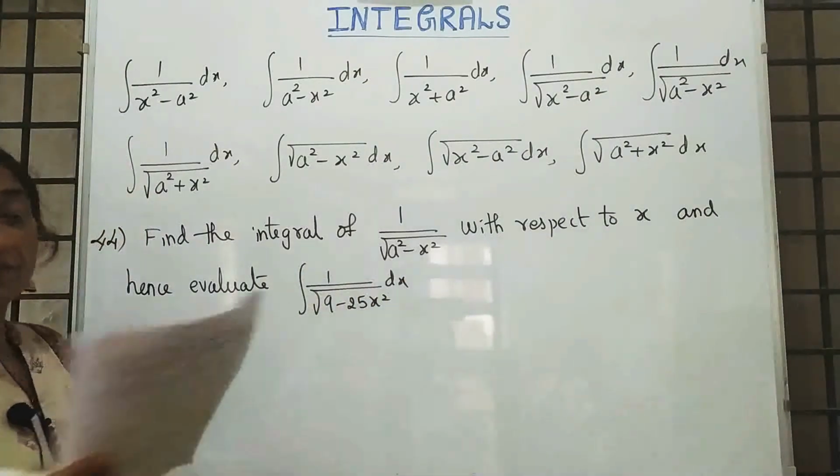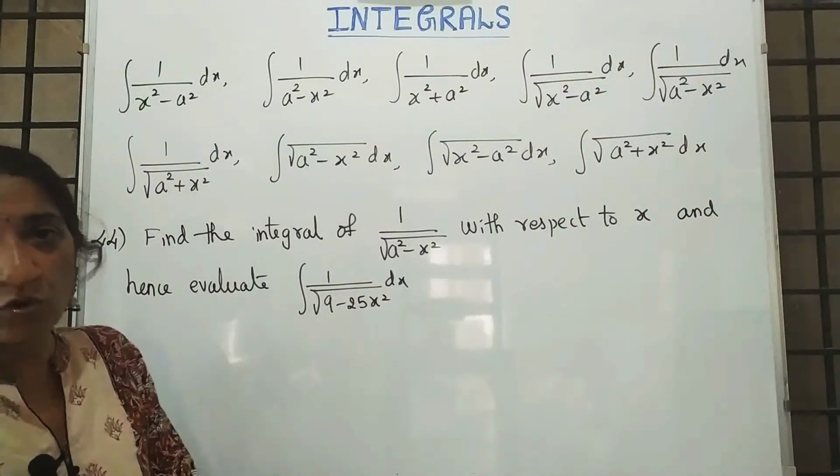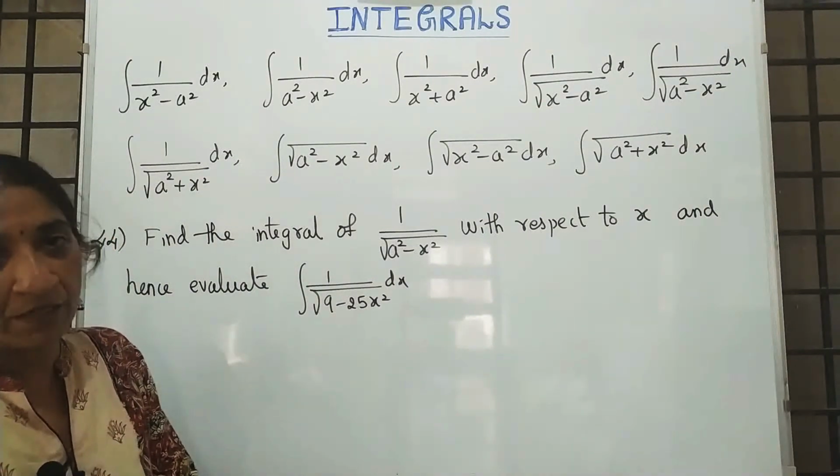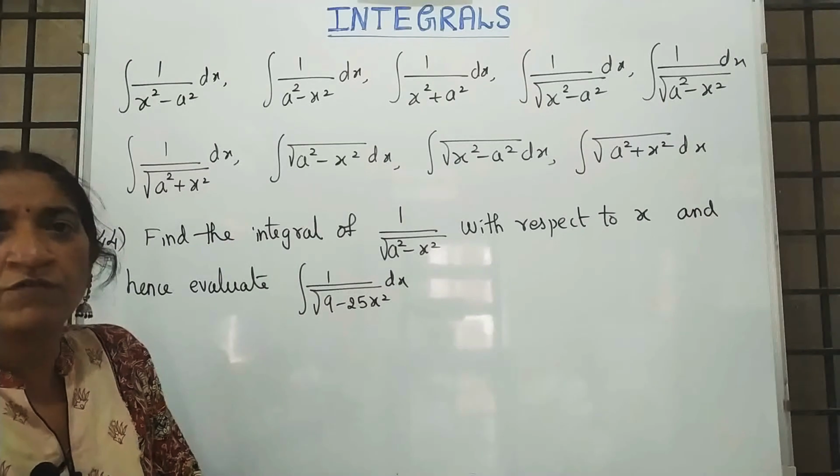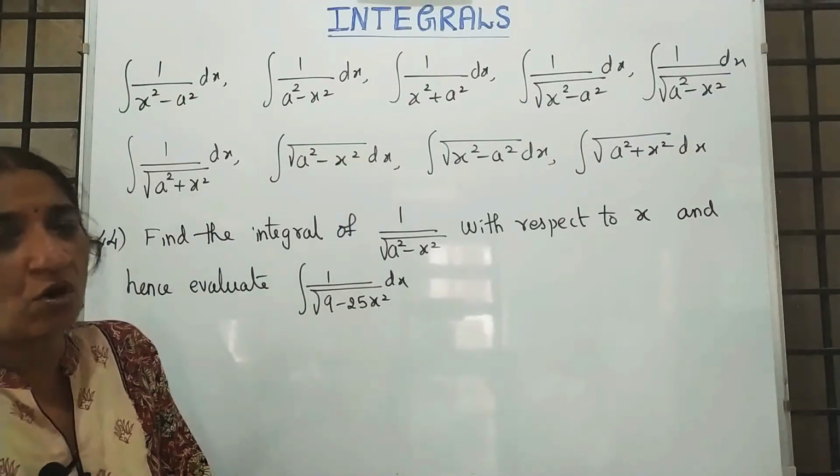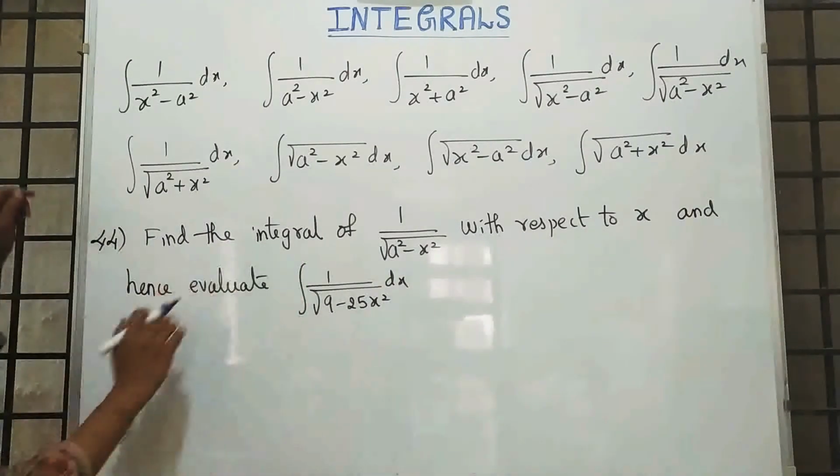Like this, the derivation carries 4 marks, and the example they will give carries 1 mark. And at question number 44, other than these derivations, they will not ask any different question. So let us start with this.